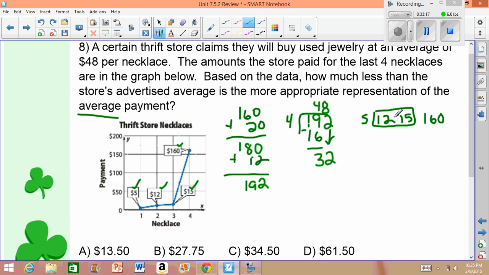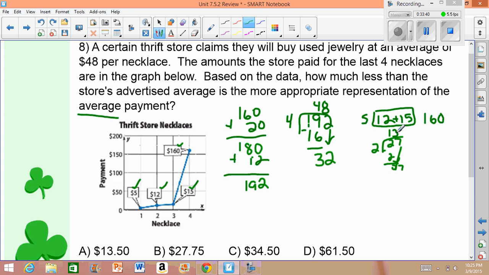So I'm going to add 12 plus 15, which is 27. And then I'm going to take 27 and divide it by 2. So that gives me 1. Bring down my 7. 2 goes into 7 3 times.